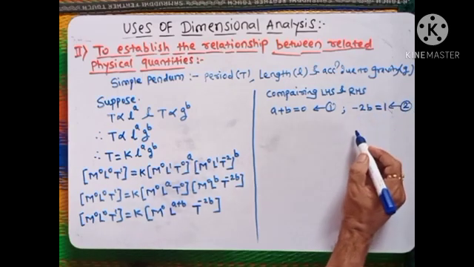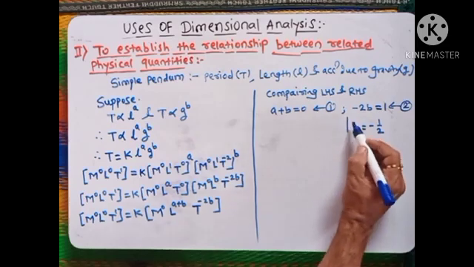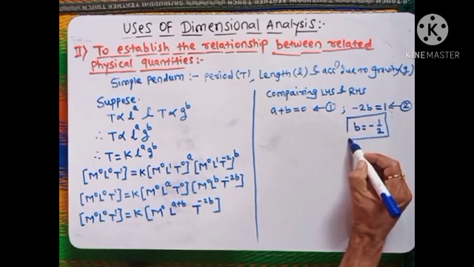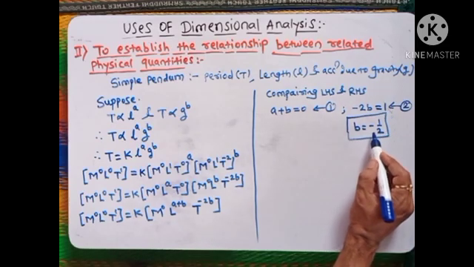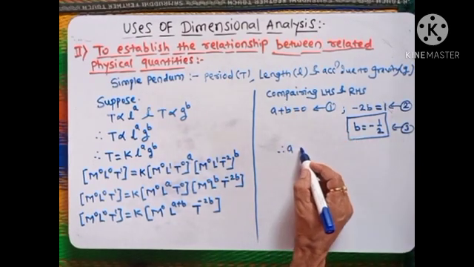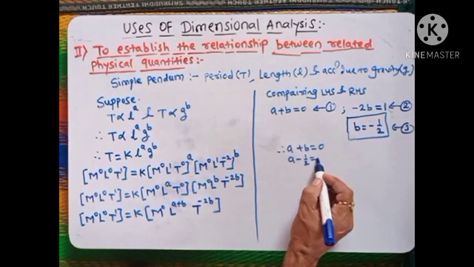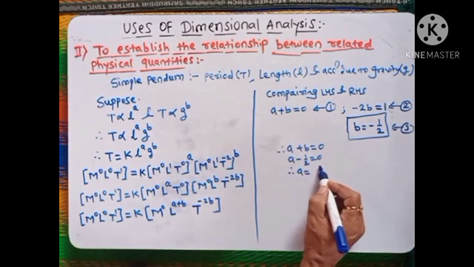Now from equation 2, B is equal to minus half. This is the value of B. Now we put this value B equal to minus half in equation 1. Therefore A plus B is equal to 0, A minus half is equal to 0, and therefore A equal to half.